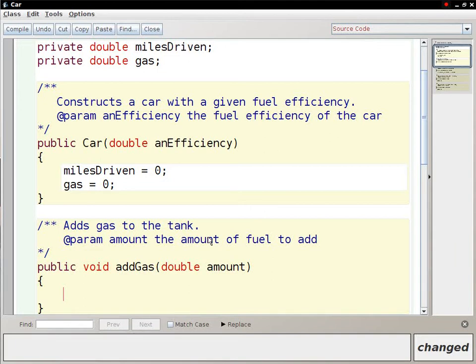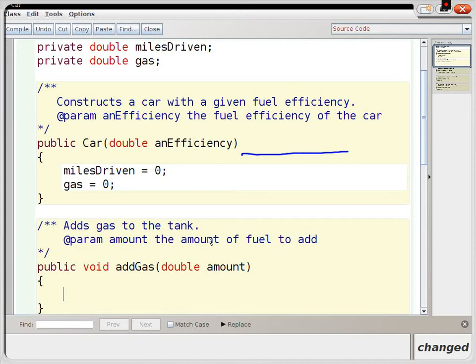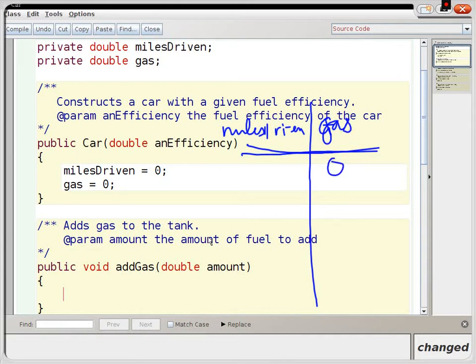So now I have two instance variables, miles driven and lowercase gas. Instance variables should always be in lowercase. So gas starts out with 0, miles driven starts out with 0.